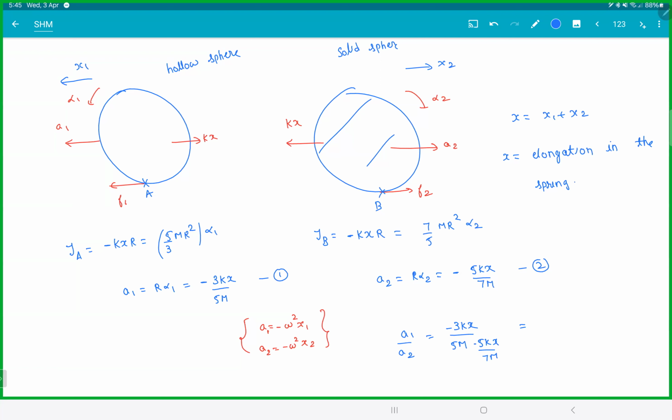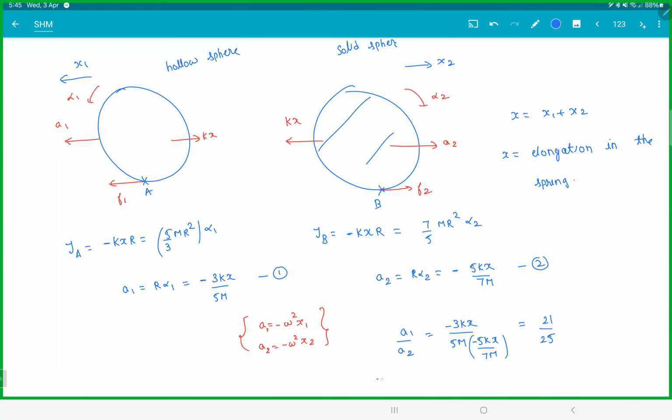They're always in the ratio of 21:25. So therefore, we can also conclude that displacement x1 by x2 should also be in the ratio of 21/25. Does it make sense? If the acceleration is in that ratio, then displacement is also in the same ratio because a is proportional to x1 and a is proportional to x2. Got till here?